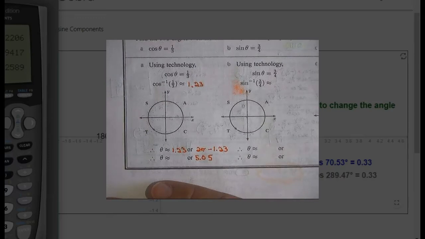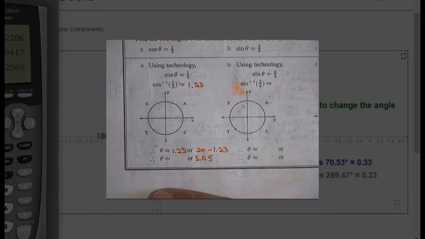Does tangent have two values? For the sine, we do 180 minus the first angle, and for cosine, we do 360 minus the first angle. Well, tangent would repeat every pi.